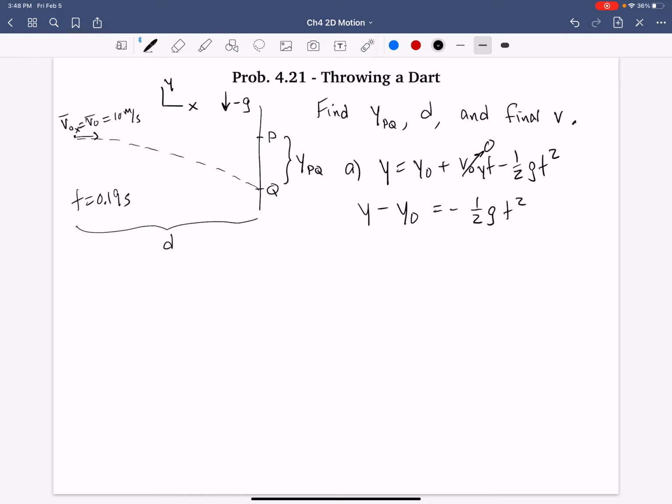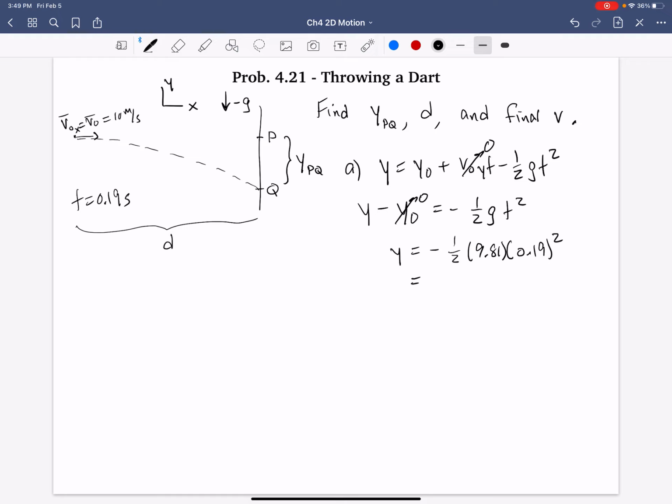And so if we want to put the y naught to be 0, we're starting from a relative height of 0 and we just want to find the final change in height. Well, there we go. Negative 1/2 times 9.81 times our 0.19 squared.